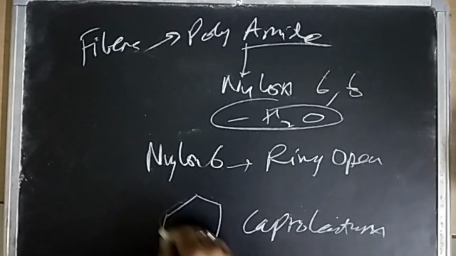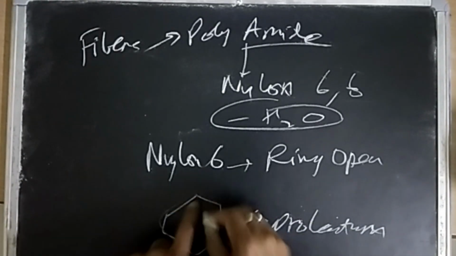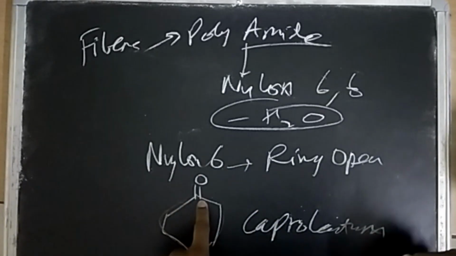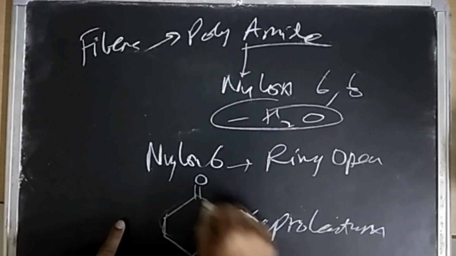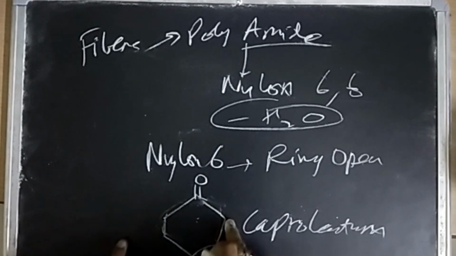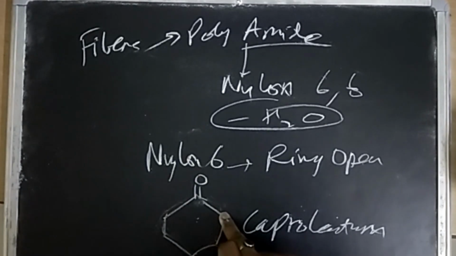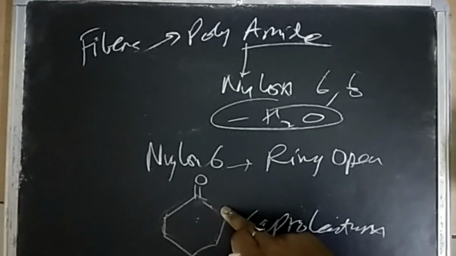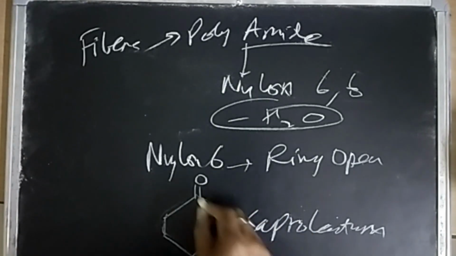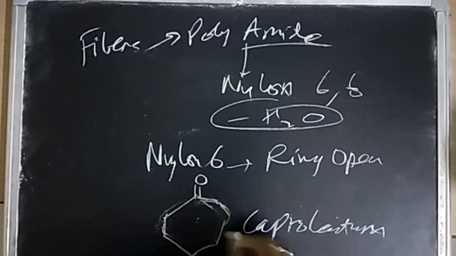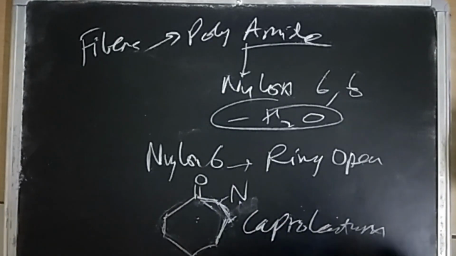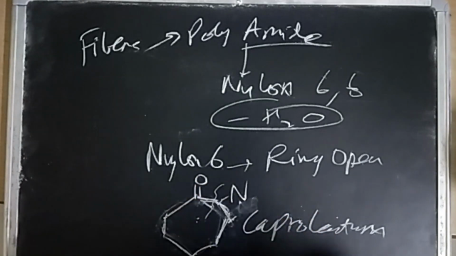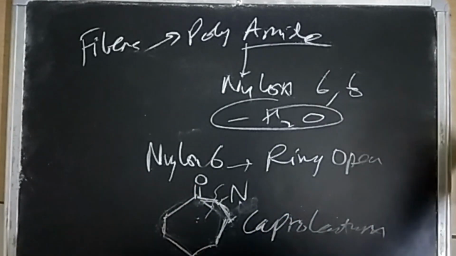This is a ring in which one of the elements is N, and it is not a 6 ring: it is 1 2 3 4 5 6 7, a seven-membered ring, and in one part N is there. So caprolactam's ring will open up, break from here, and it will form nylon 6.